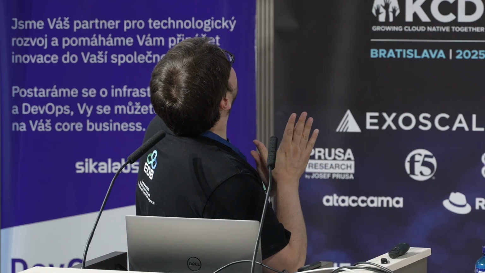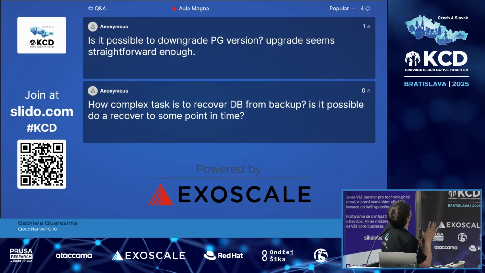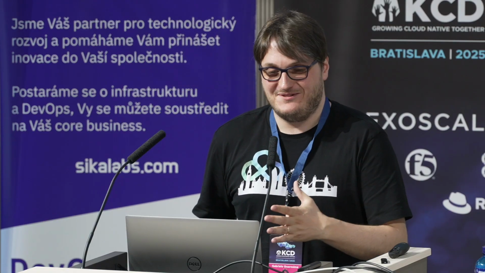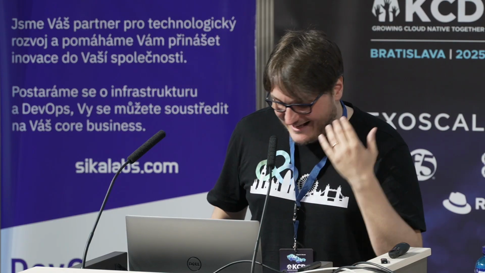Is it possible to downgrade the Postgres version? Upgrade seems to be straightforward enough. I never tested it. I think not. I would be very happy if our book prevents it, because if it doesn't mention it, I'm not sure what can go wrong.